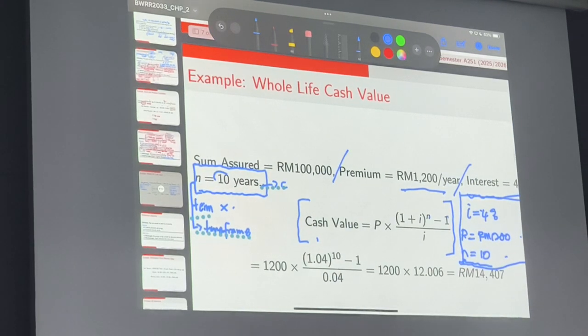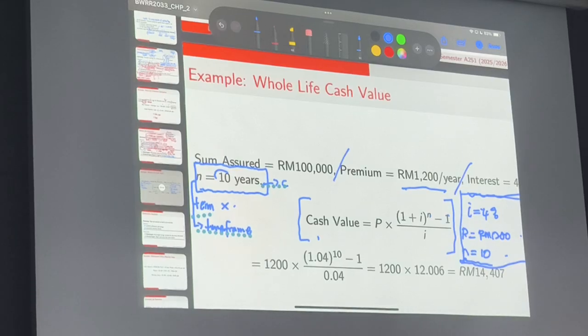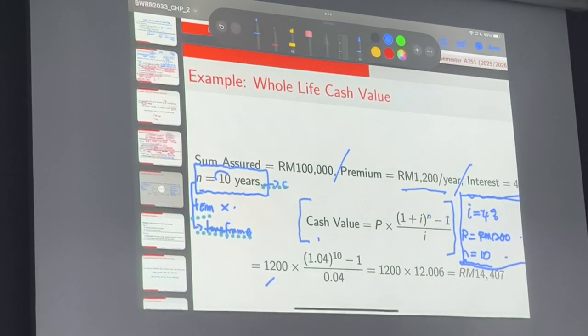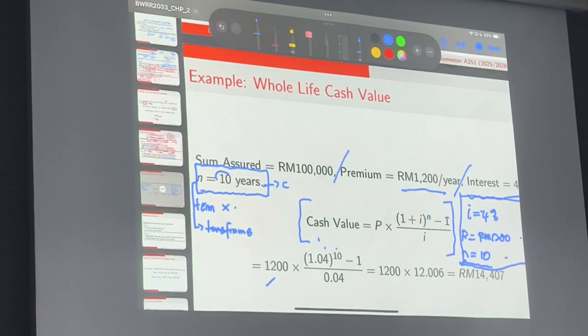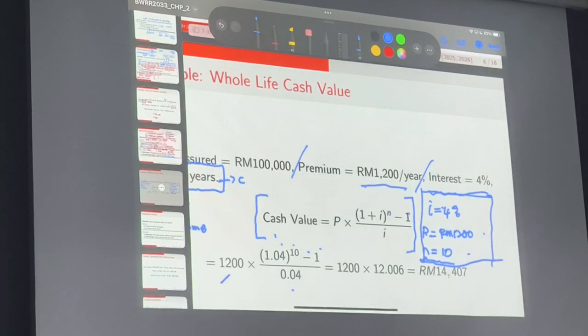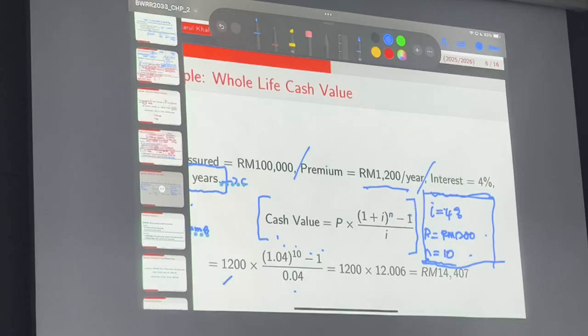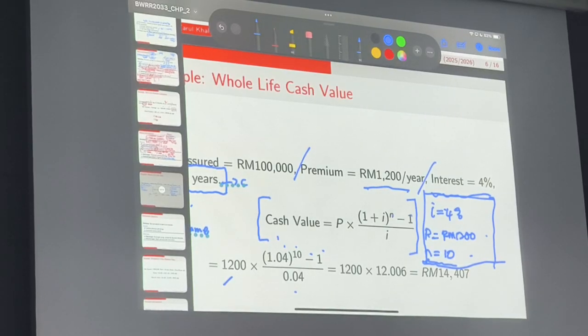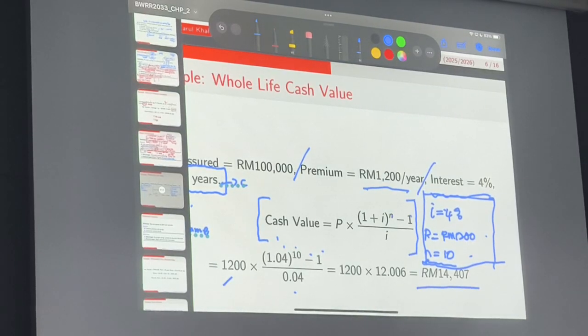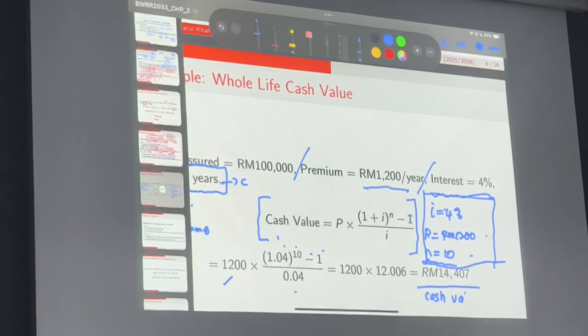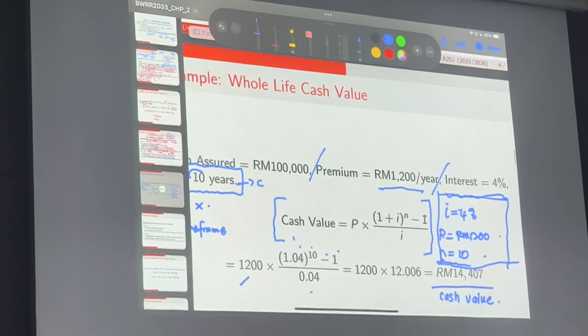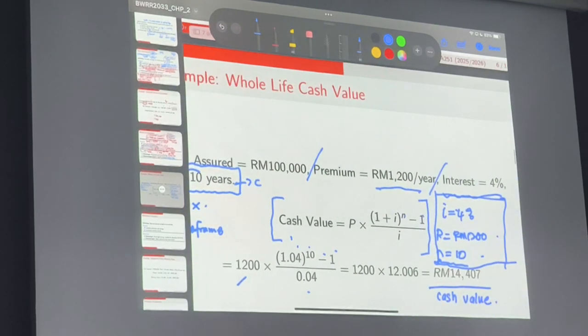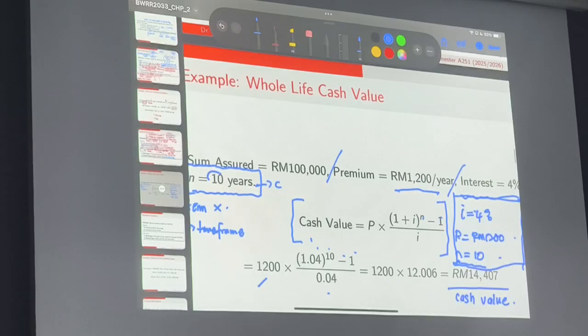Okay, we pay 1,200 every year. So 1.04 to the power of 10 minus 1, divided by 0.04. So we have 14,407. This is just the cash value. Let's say this particular person passes away after 10 years.